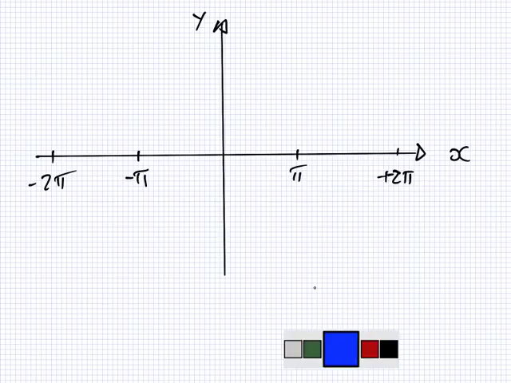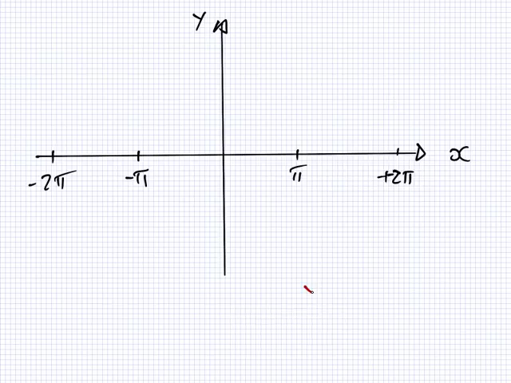Okay, so first let me just draw my x and my y. So there's my x, there's my y, and we'll call this here minus pi, minus 2 pi, pi and 2 pi. Okay, so the first one in red, well, let me just write down what we want.